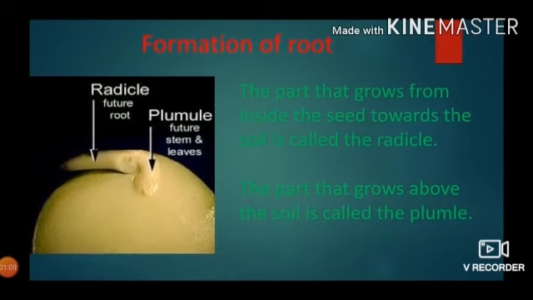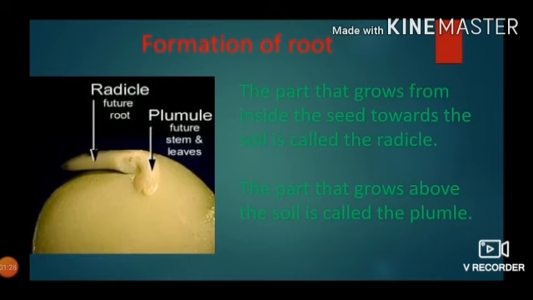Formation of root. Before going to the topic, let us see some important concepts related to it. What is radicle? The part that grows from inside the seeds toward the soil is called a radicle. Radicle is the future root.